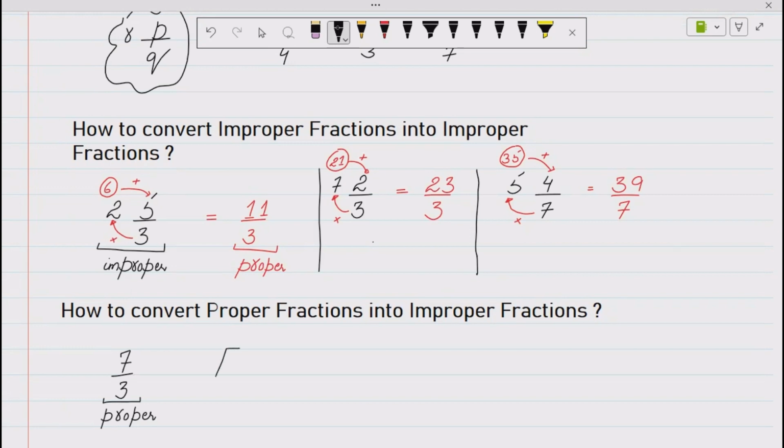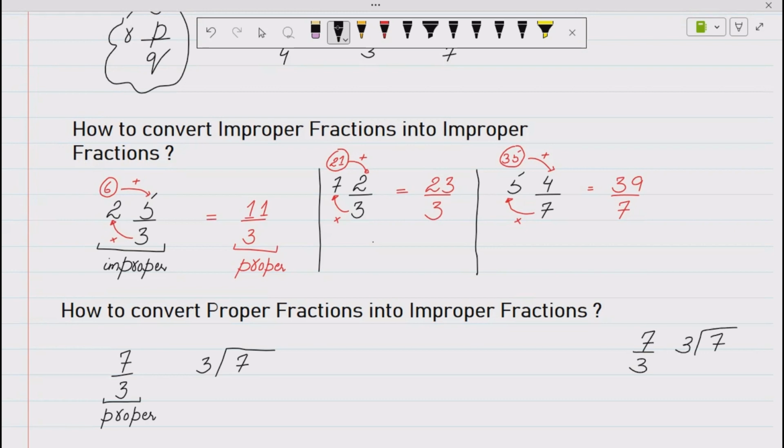We know that in division, the numerator always comes inside and the denominator always comes outside. Most of the time, students make a very wrong thing with 7 over 3. Sometimes they just say the bigger number comes inside and the smaller number comes outside. This is not the case.